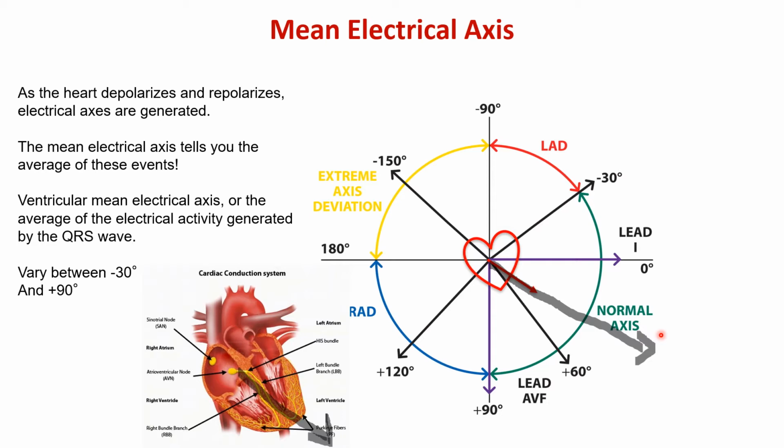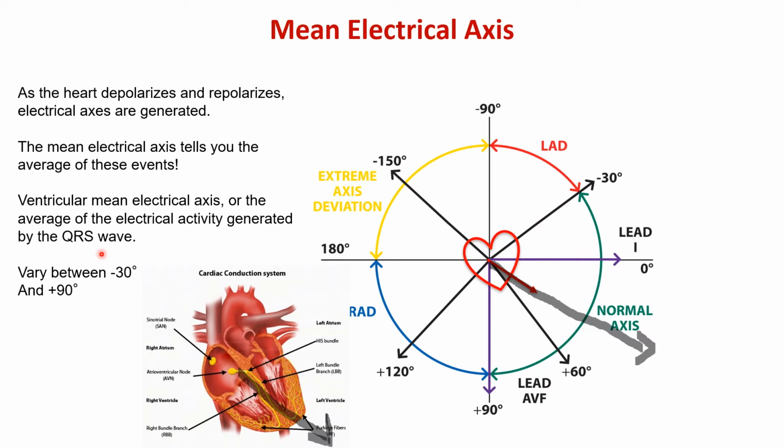And we're usually concerned about the QRS wave because it's relatively large in comparison to the other complexes, so it's easily measured. Also, if you think about it, the left ventricle is larger compared to the right ventricle. So again, that's why we measure the QRS wave.